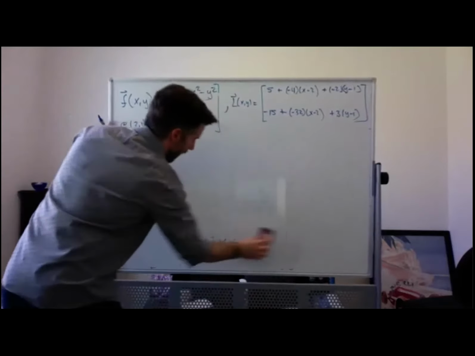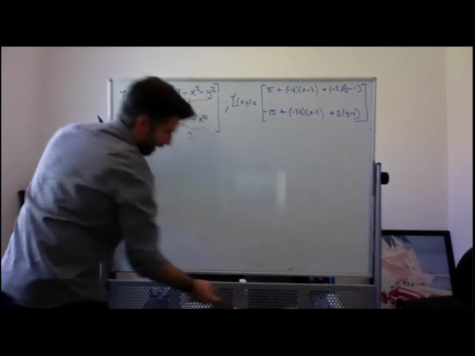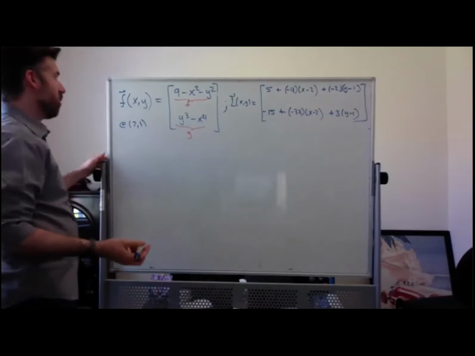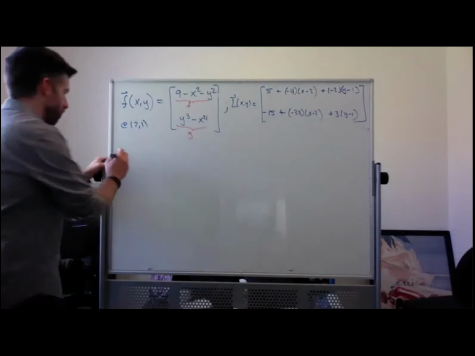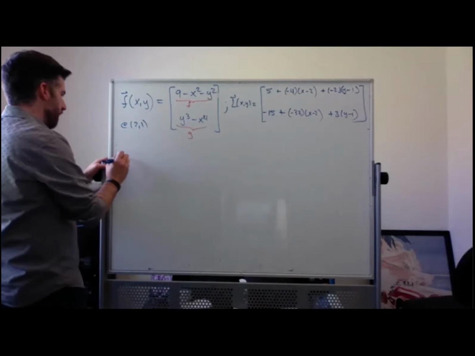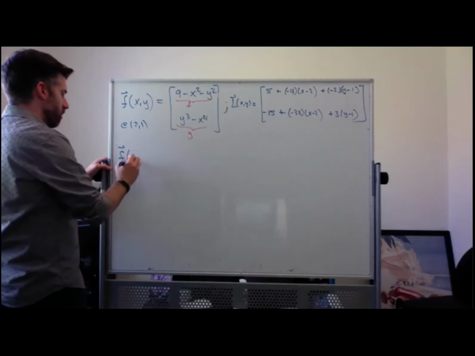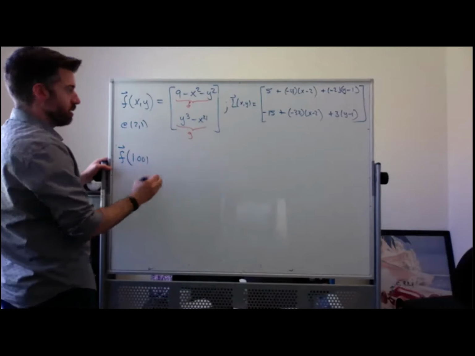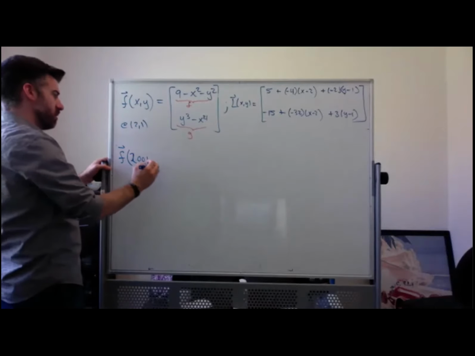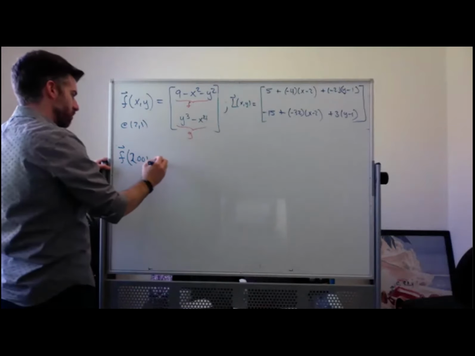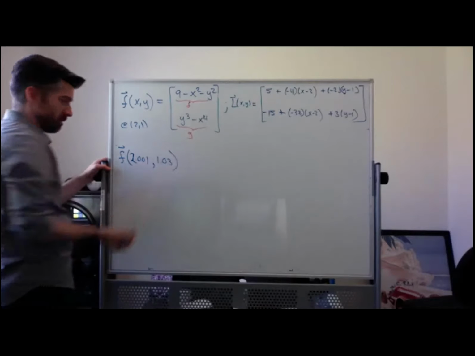Then you could ask a question, which we often ask with linearizations: what do you get when you change x and or y a little bit? Like, what would f of 2.001, 1.03 end up being?